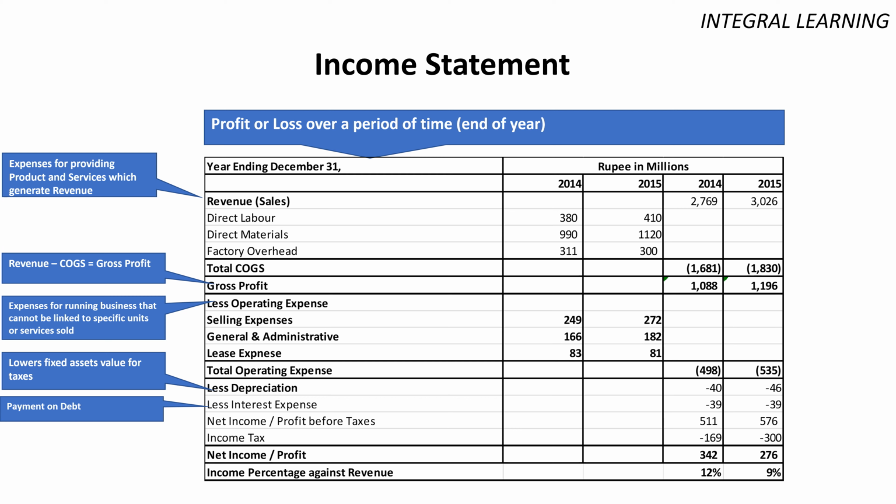Then we will subtract depreciation and interest expense, and here we will get net income before taxes. Then we will subtract income taxes and we will get net income, which is net profit. Here we can also see the effect of taxes on profit, and we can see income percentage against revenue.